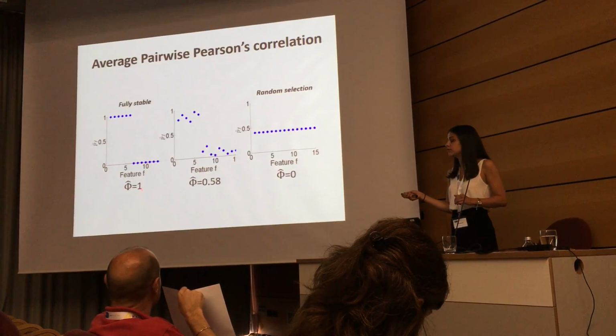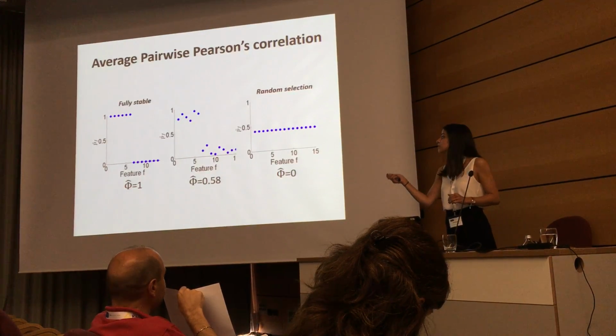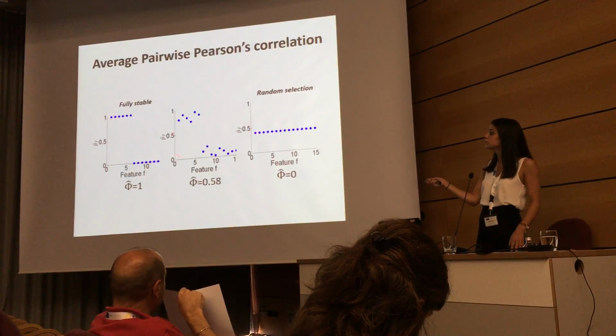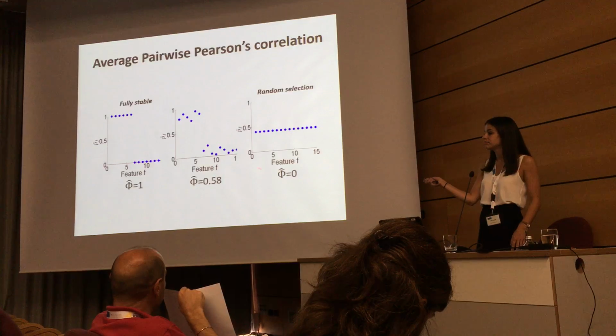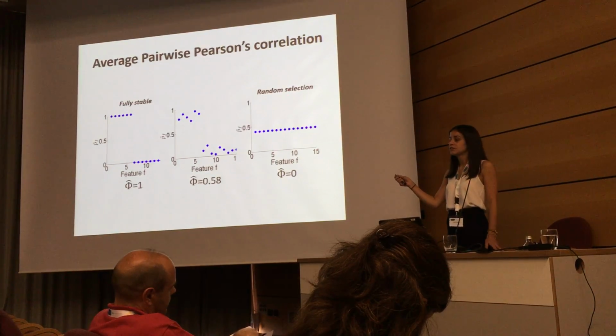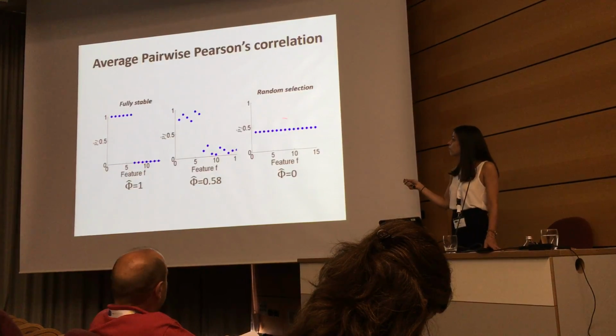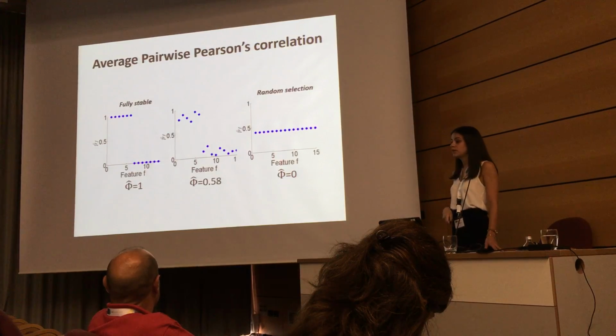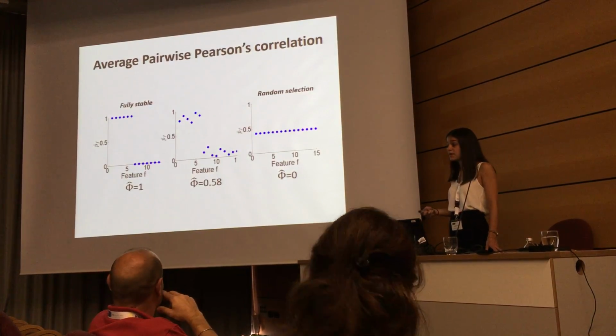And here we get a value of 1. Another scenario is when we have frequencies close to 1, some close to 0, so we lose in stability. And here is a random selection case where all the observed frequencies are equal, and in this case, we get a value of 0 as we expect.